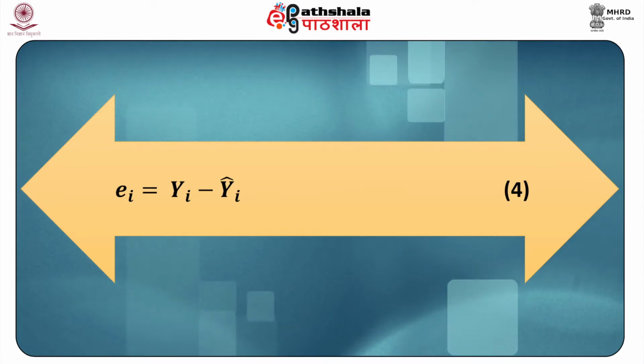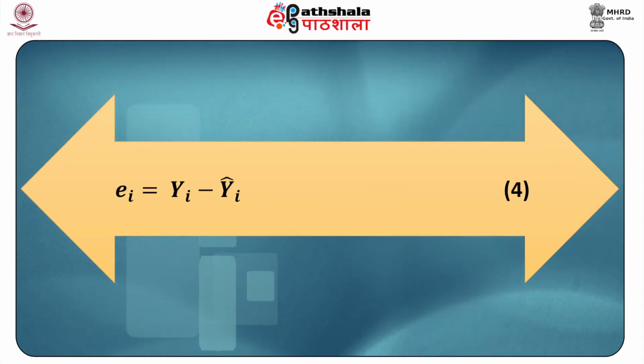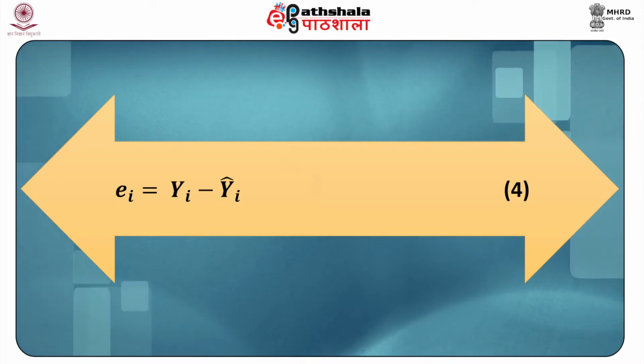As in simple regression model, the next step is to find the best linear estimators. Clearly, there are three unknown parameters, beta 1, beta 2 and beta 3. So applying OLS, the procedure begins with minimizing the residual sum of squares, where ei is equal to yi minus yi hat. This is our fourth equation.